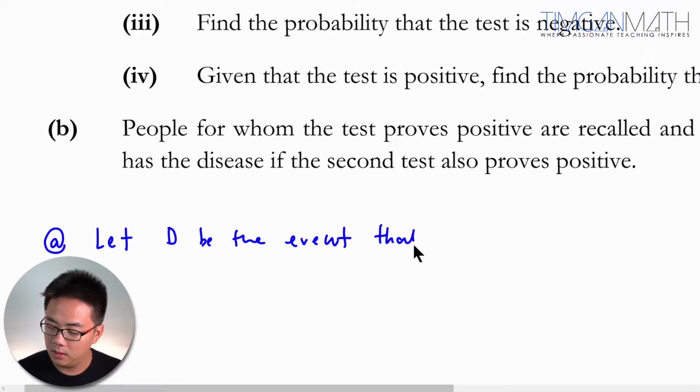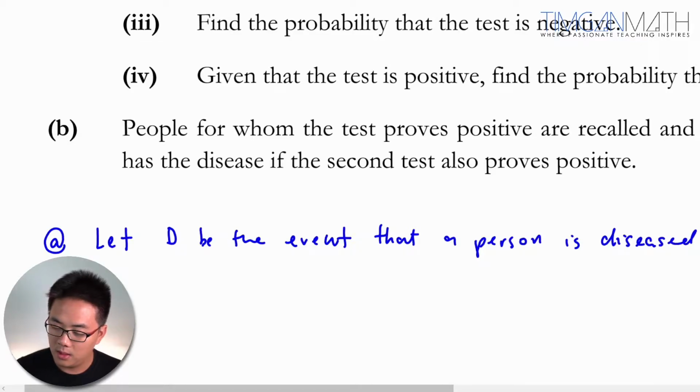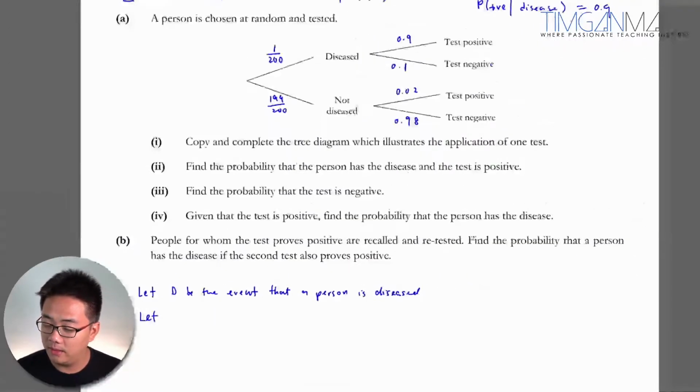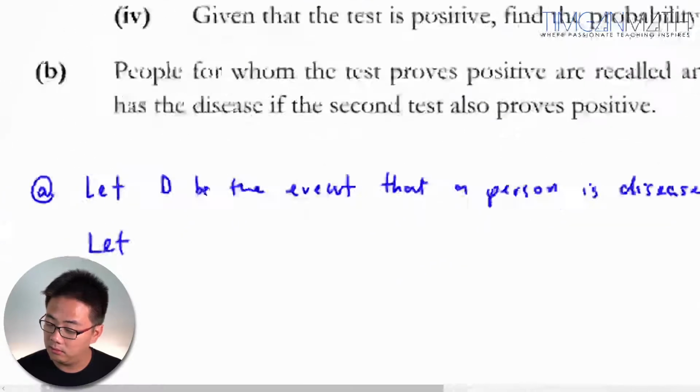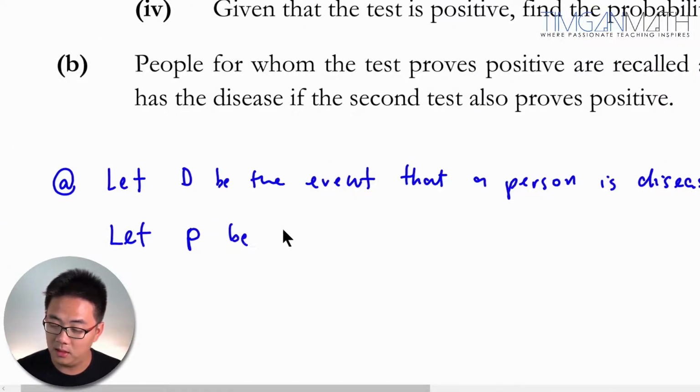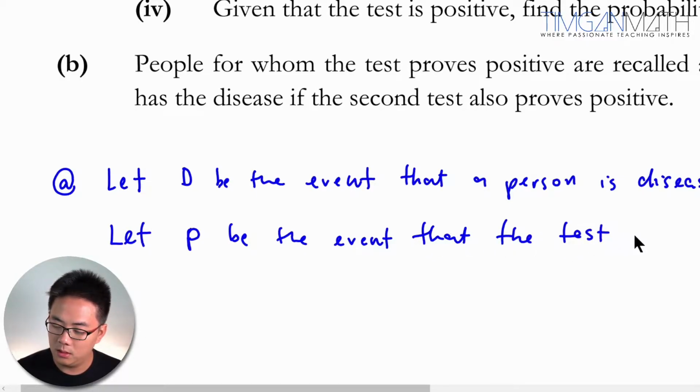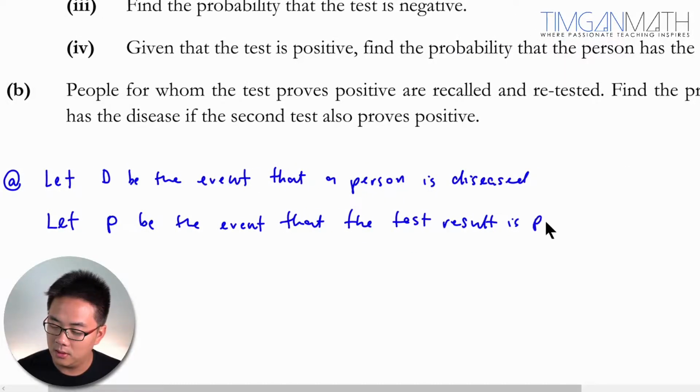Let's just name the event. Let P be the event that the test result is positive. So that's how you start this part.